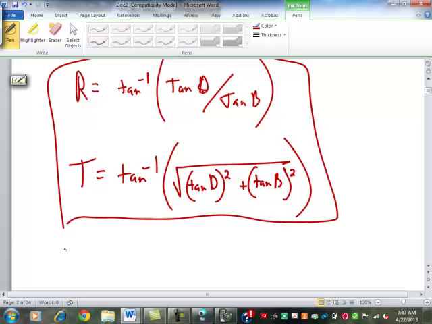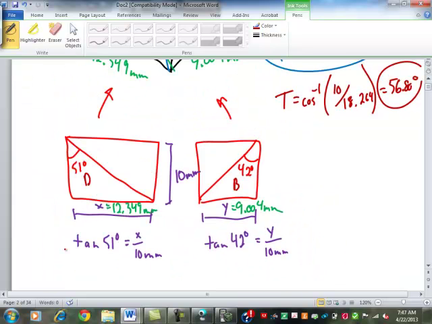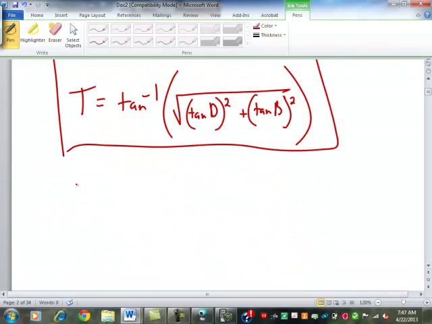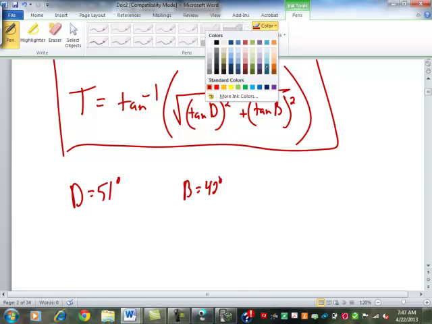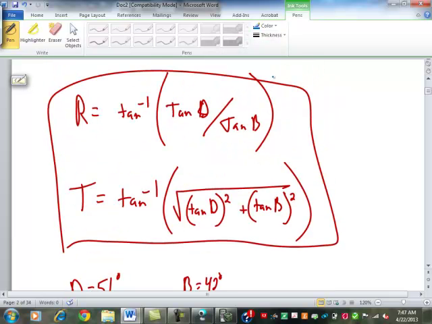Let's try to use those formulas on what I just did up here, where I had 51 and 42 degrees for D and B. So D is 51 degrees, B is 42 degrees. My angle of rotation would be the inverse tangent of tangent 51 over tangent of 42.